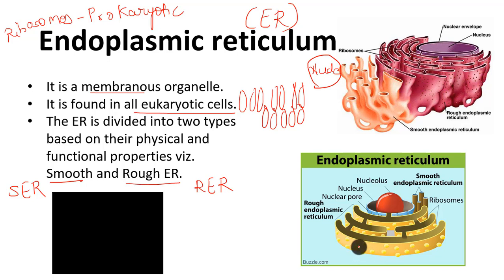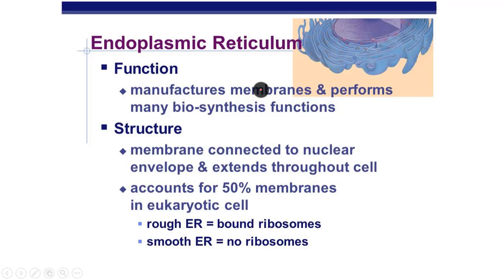Suppose this is an endoplasmic reticulum and I attach ribosomes to it. If the ribosomes are attached to the membrane, then it is said to be rough because the surface becomes rough, and there are some membranes where no ribosomes attach, then it is said to be smooth. Since ribosomes are attached, it is rough. Since here nothing is attached, it is smooth. So two types of endoplasmic reticulum, rough and smooth.